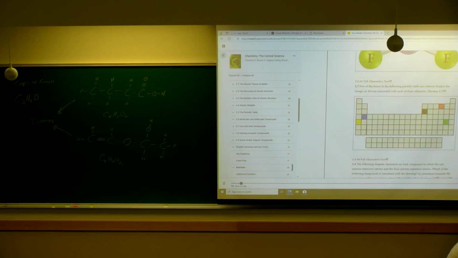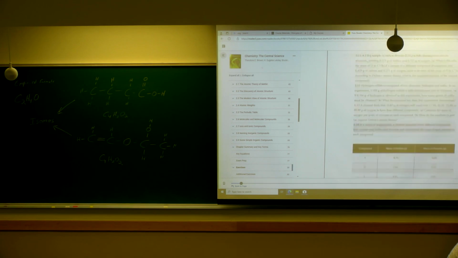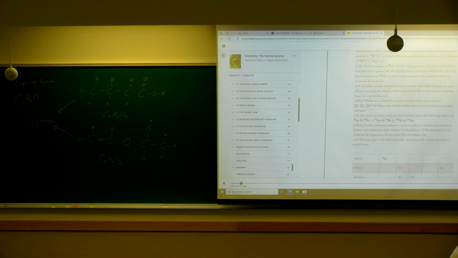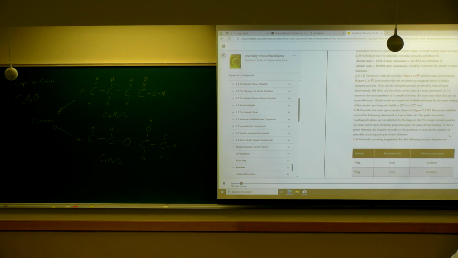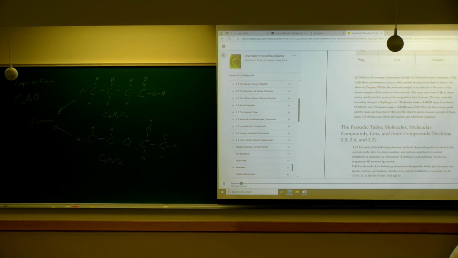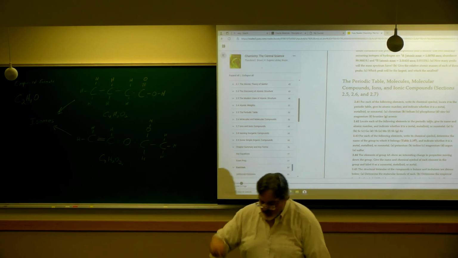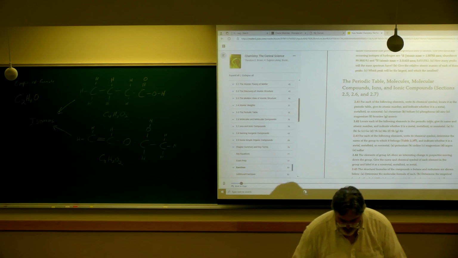So I'll do these. Since I'm giving you the periodic table for the test, you'll have to learn either by using that or by using this, where the line is between metals and nonmetals and metalloids.